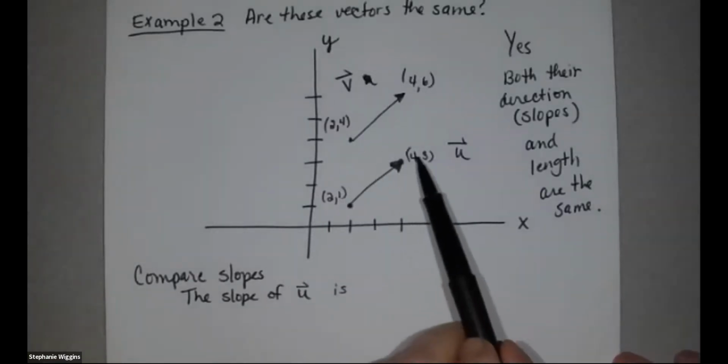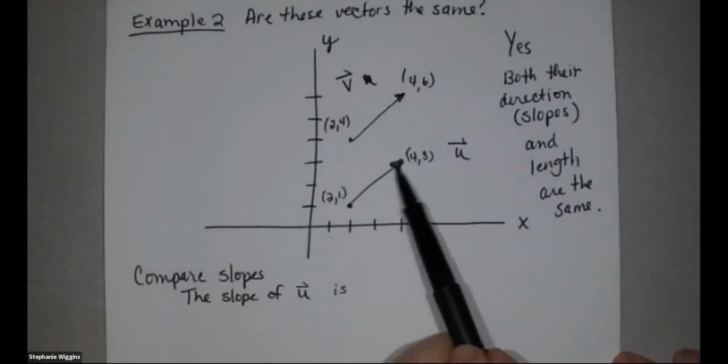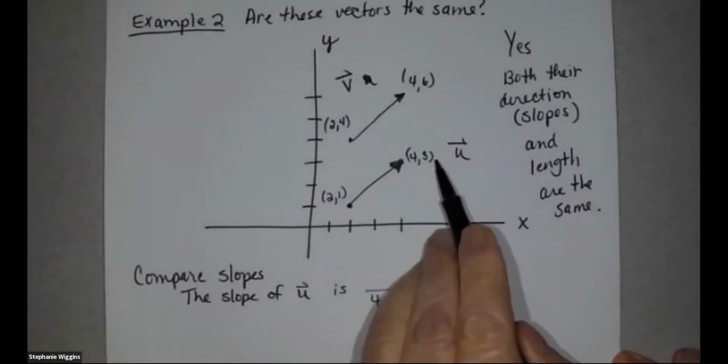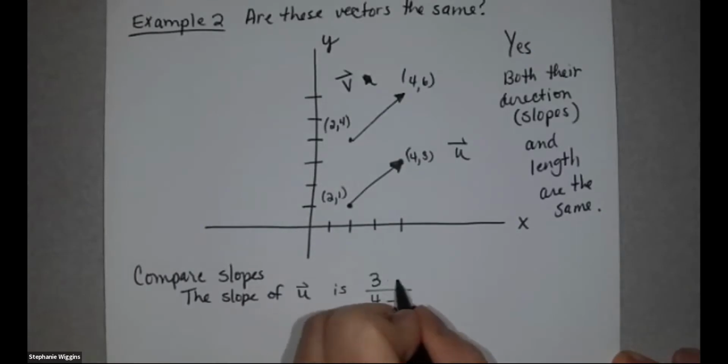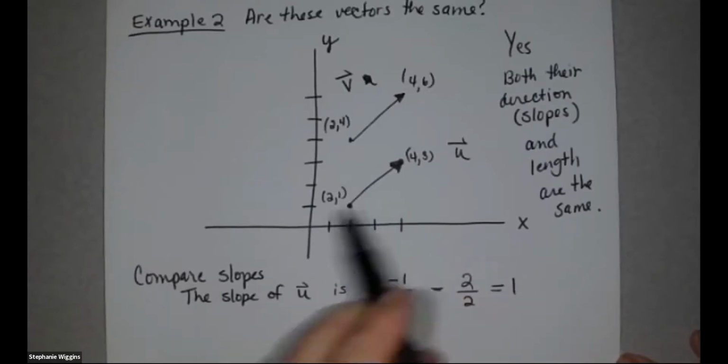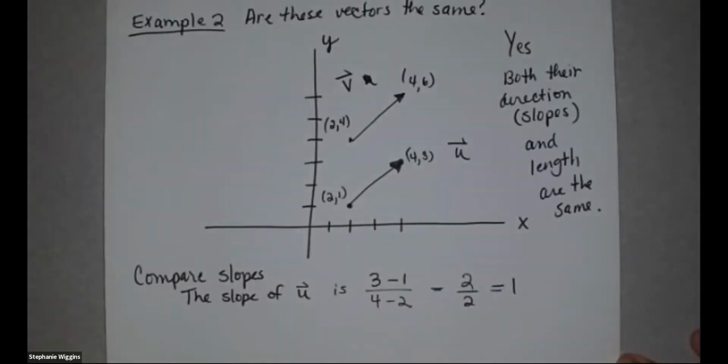So you're going to take 4 minus 2. Those are the x values. Those go in the denominator. And then you're going to take 3 minus 1 for the numerator because those are the y values. So the slope of this vector is 1.